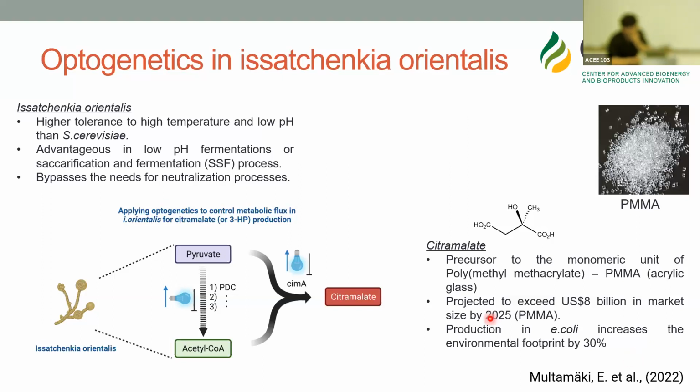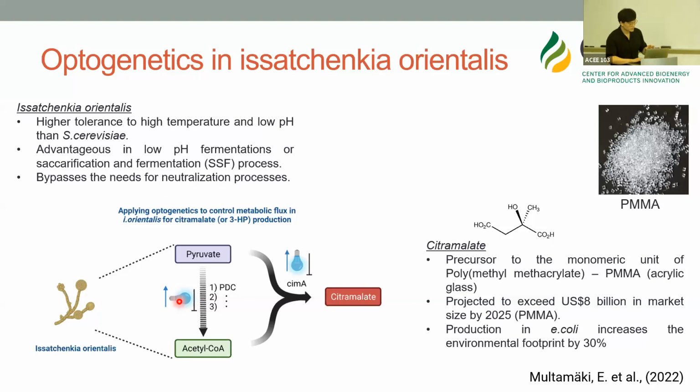So what has optogenetics got to do with this? Well, we can use optogenetics not only to control population ratios of microbes, but we can use it to increase gene expression of the enzymes within the pathway of citramalic acid.